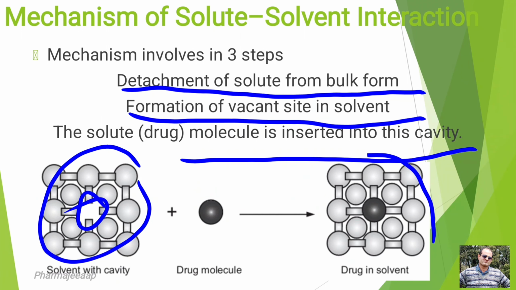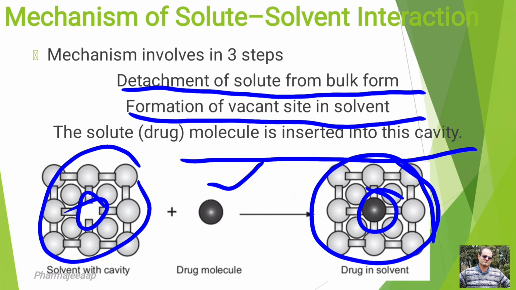This is the drug in solvent. The solute, the separate entity detached from the bulk, comes in contact with this vacant space and is fixed here. So this is all about the mechanism of solute-solvent interaction.